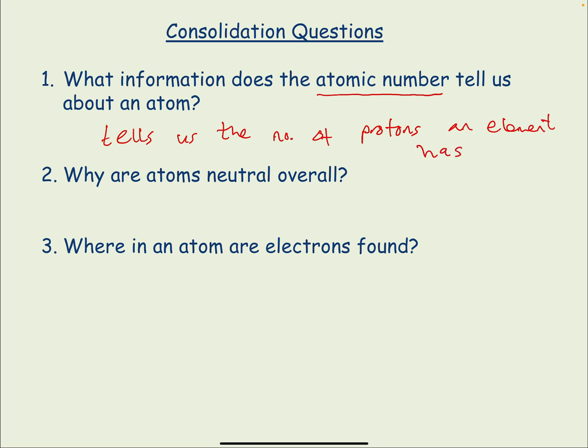Why are atoms neutral overall? Remember, they have the same number of protons, which are positively charged, and the same number of electrons, which are negatively charged, so they always cancel each other out.